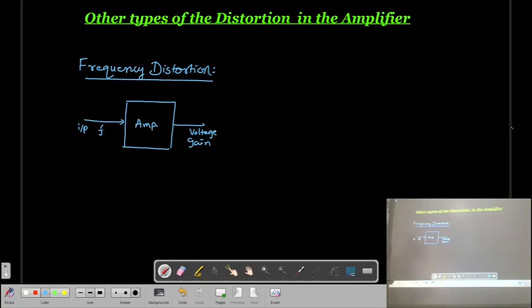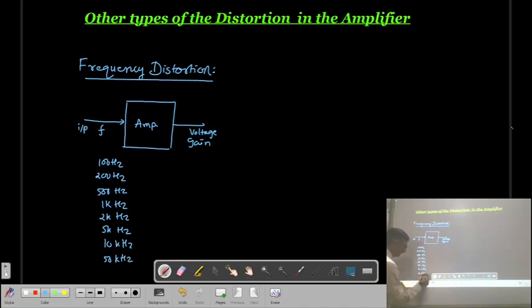Now let us say I apply a lower frequency as well as a higher frequency: 100 Hz, 200 Hz, 500 Hz, 1 kilohertz, 2 kilohertz, 5 kilohertz, 10 kilohertz, then 50 kilohertz and 100 kilohertz.